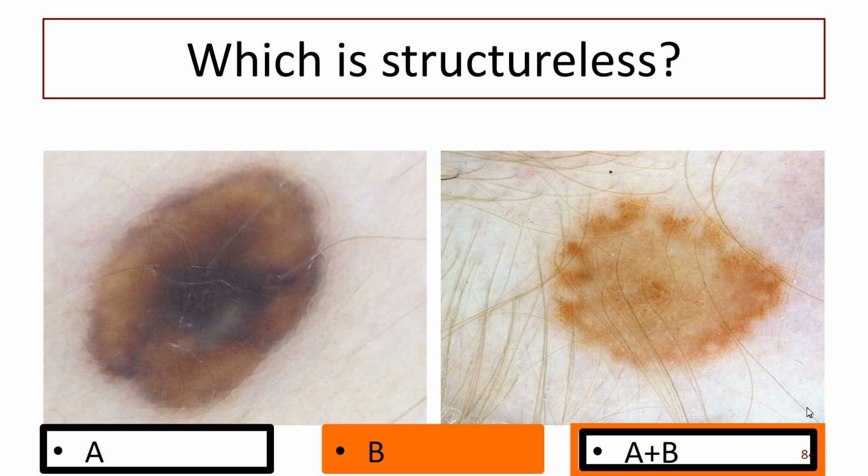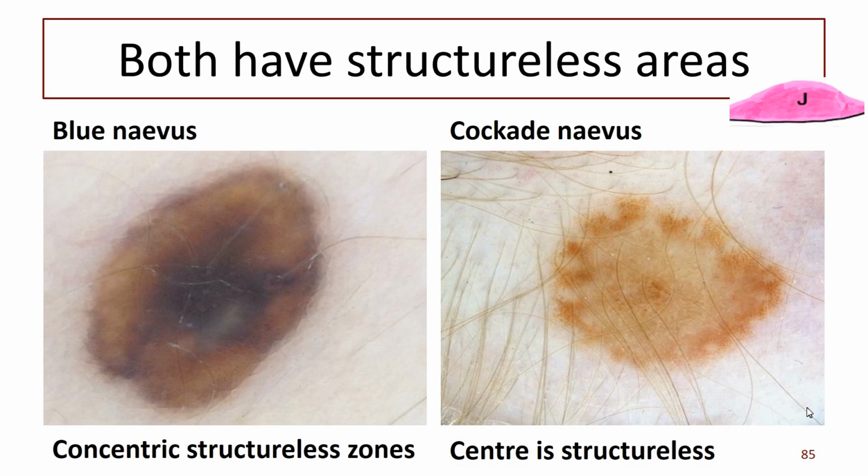If you examine this intermediate zone, how would you describe that? Okay, so this has got three zones. It's symmetrical. It's got a reticular pattern. It's got either clods or dots or dot clods. But this zone in between is structureless. And this is known as a cockade nevus.